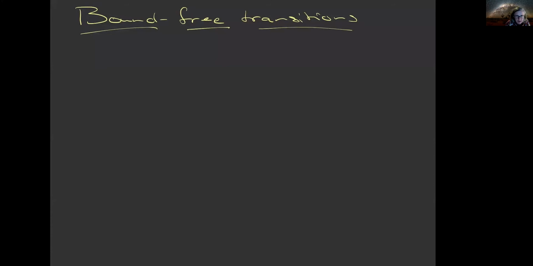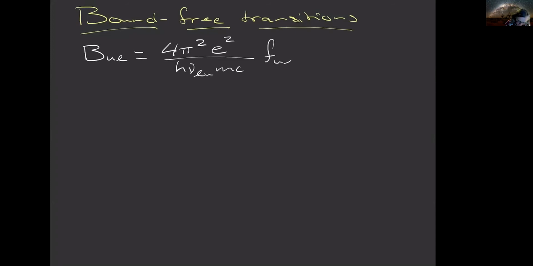So this is where we have an emission photon, a photon emitted rather than absorbed. And that's related to 4 pi e squared over h nu, from the lower to the upper state, times m c times the oscillator strength from the upper to the lower state.